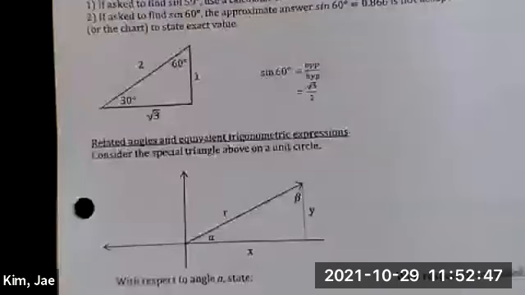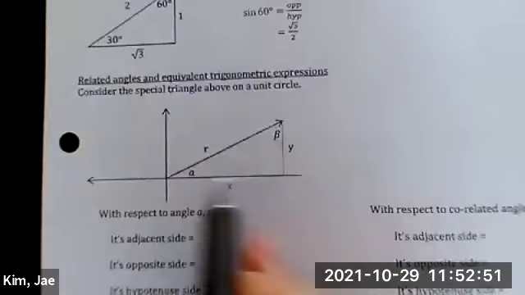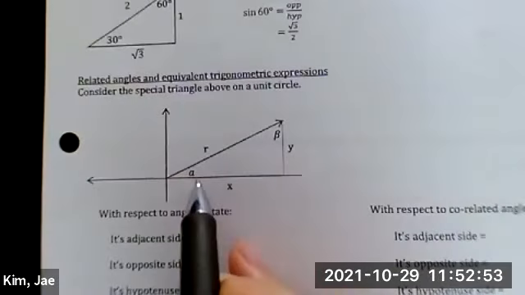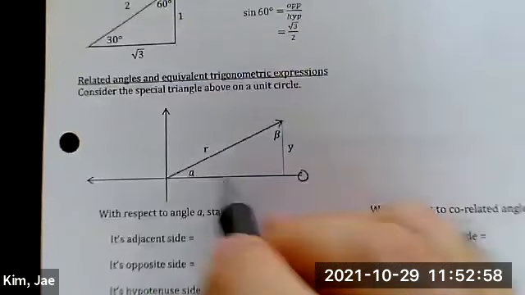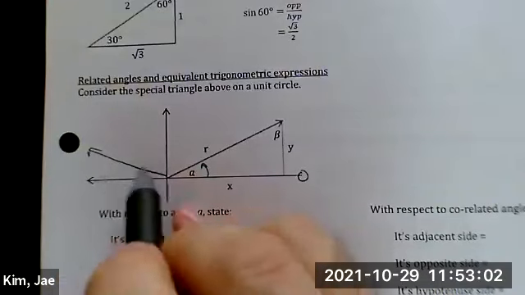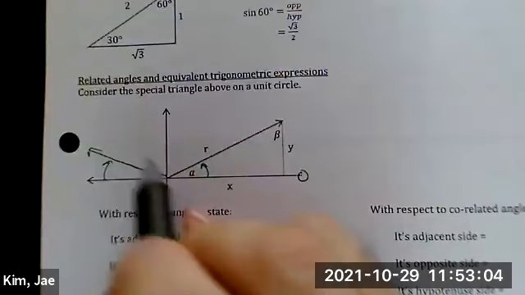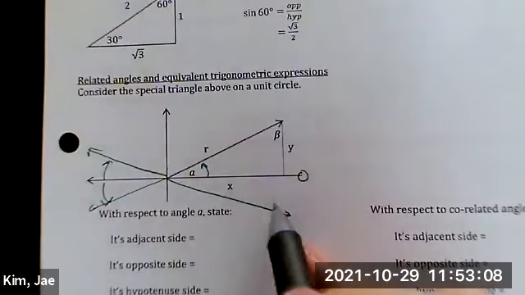If you remember the very first page of this worksheet, the triangle that we have always drawn was always relative to the x-axis. So it was always 0 plus an angle, or 180 minus that angle, or 180 plus, or 360 minus.